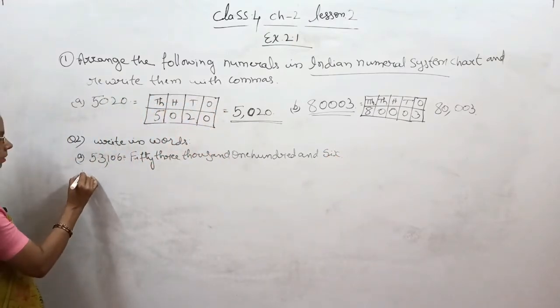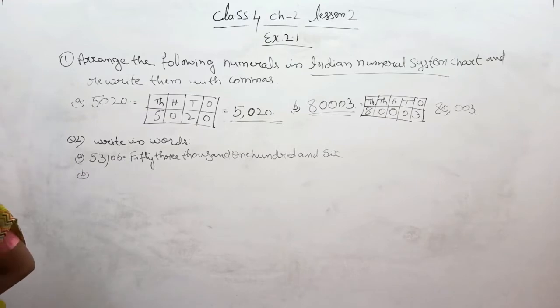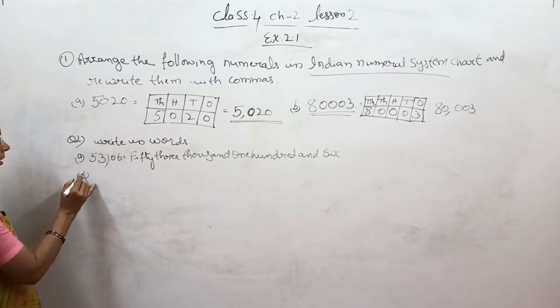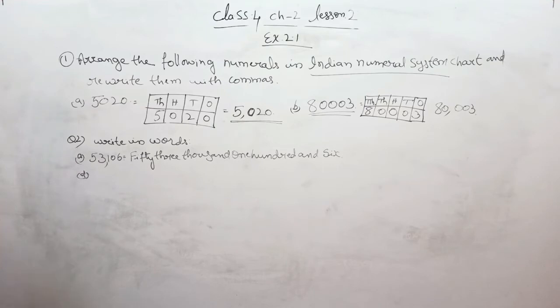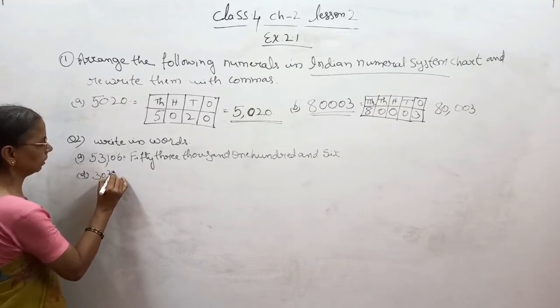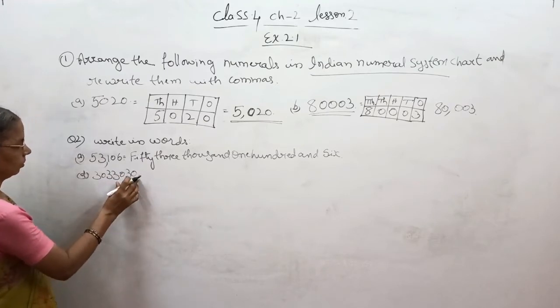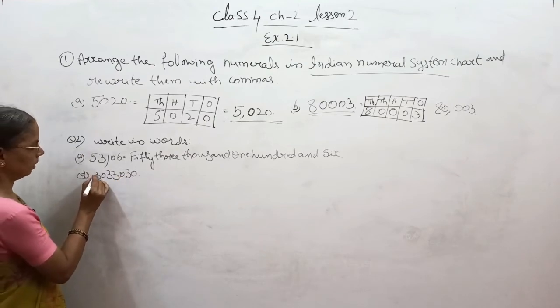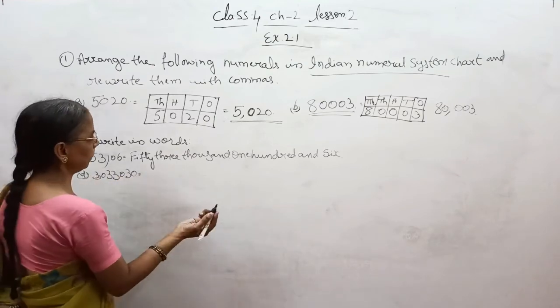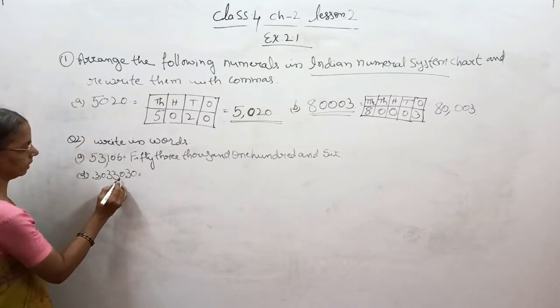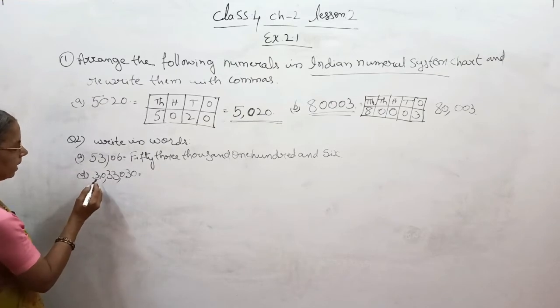The second one, 59,000. Then I will take question D, that is 30,33,030. Here we have 7 digits. Simply draw the chart and put the commas: ones, tens, hundreds, thousand, 10,000, lakh, 10 lakh.